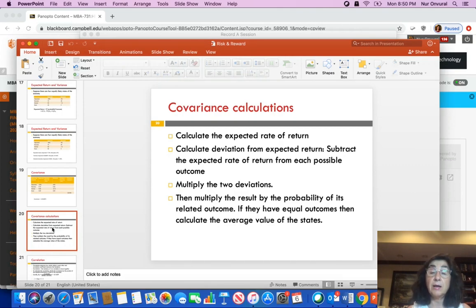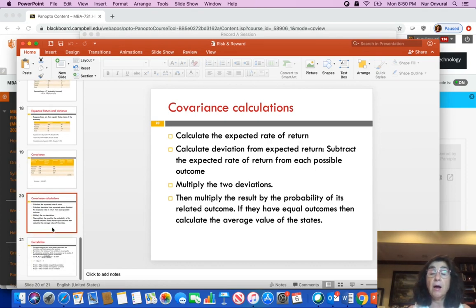The covariance calculations are summarized in this slide. The first step is always to get the expected rate of return and then calculate deviations from expected returns, which means subtracting the expected rate of return from each possible outcome, multiplying the two deviations, and then multiplying the result by the probability of its related outcome.